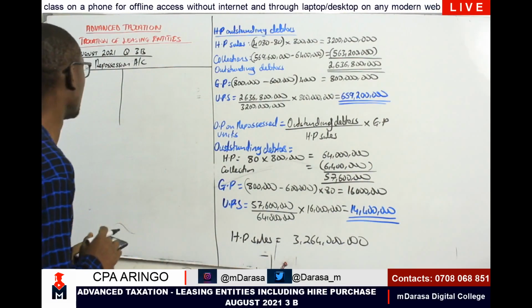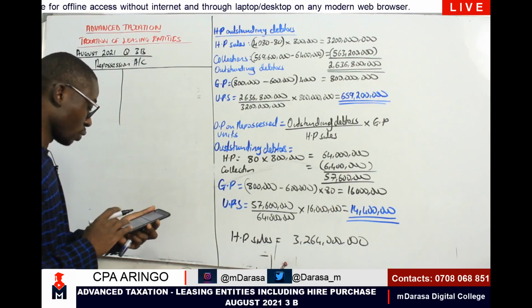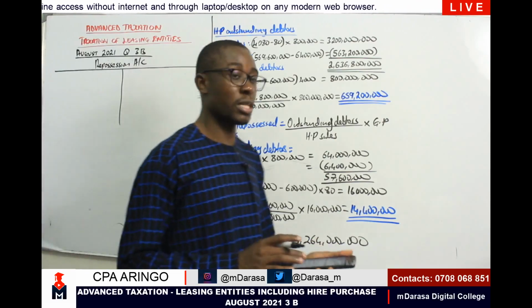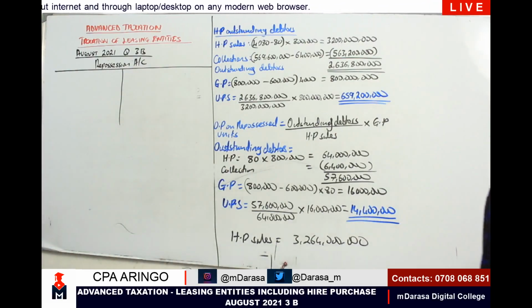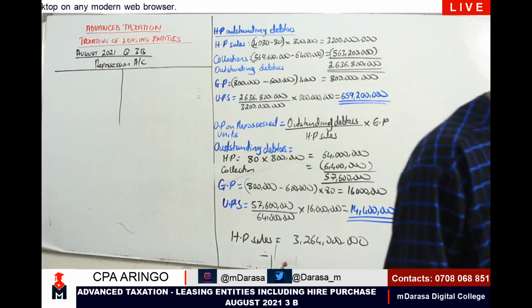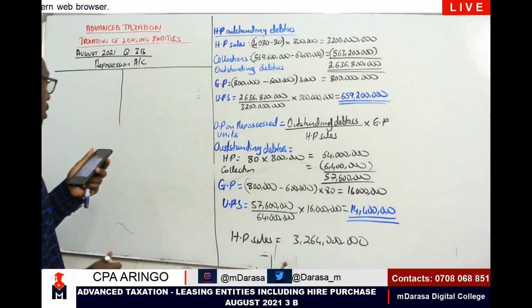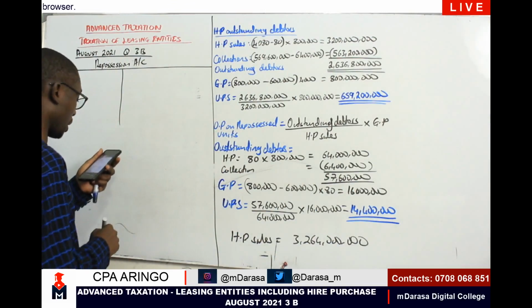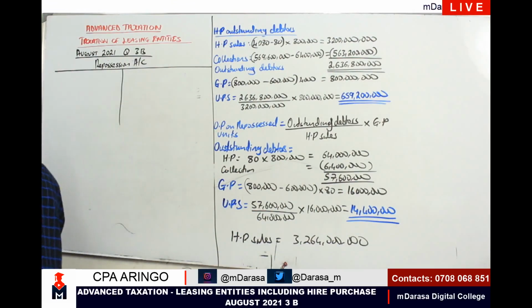Looking at that case, we are talking about the repossessed amount, which we already have there. Then we also had hire purchase debtors. What you are going to do here is, first of all, consider our unrealized profit, always on the credit side.